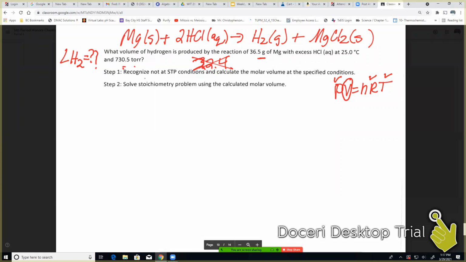So can I, though, get from grams of magnesium and figure out from that, using my balanced equation, how many moles of hydrogen I have? We can do that, right? That's going to be a gram to mole problem. So that's going to be 3 steps.